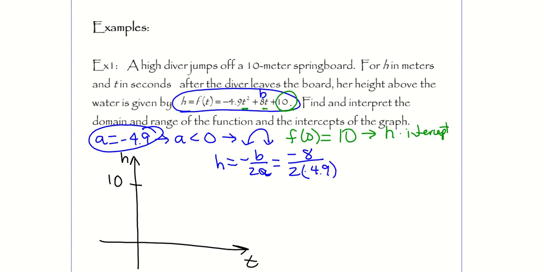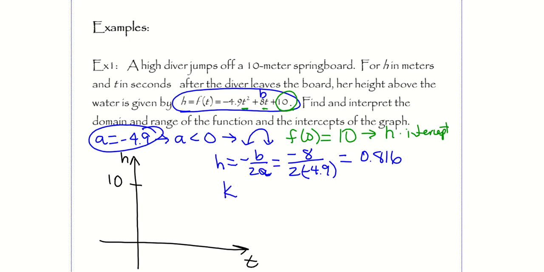So negative 8 over 2 times negative 4.9. If I simplify that, I get 0.816. That tells me the t-coordinate of my vertex.